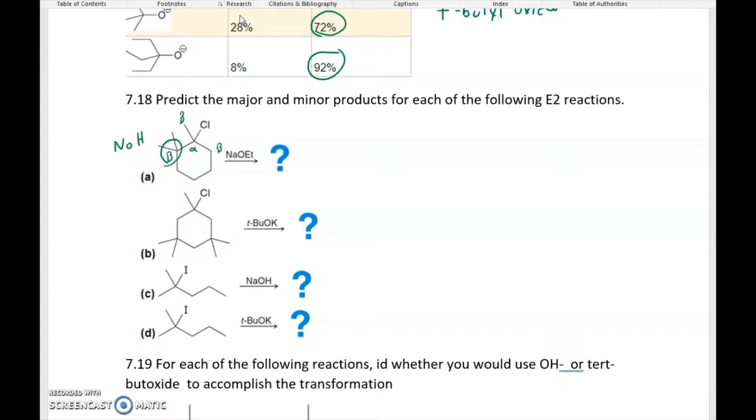So we have two possible products. We can take a proton from here. If we do that, our double bond will be between this carbon and that carbon. Okay, let me change my color.